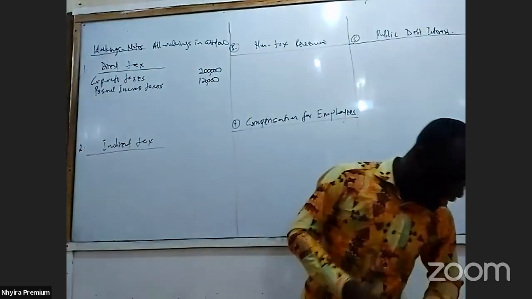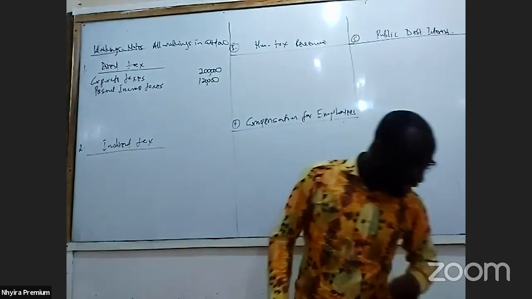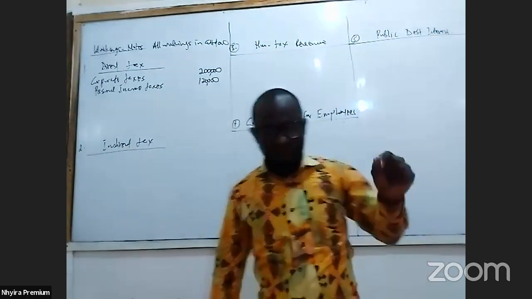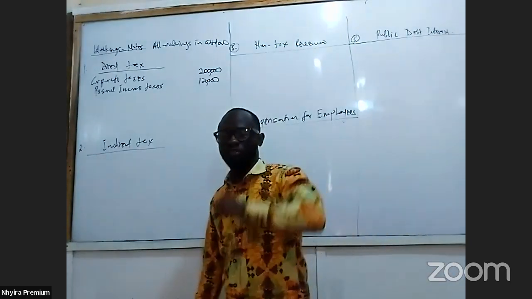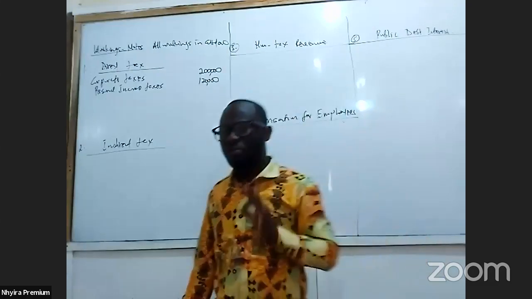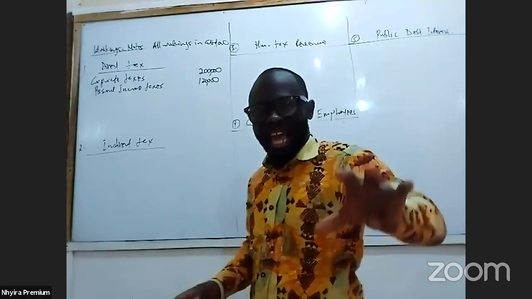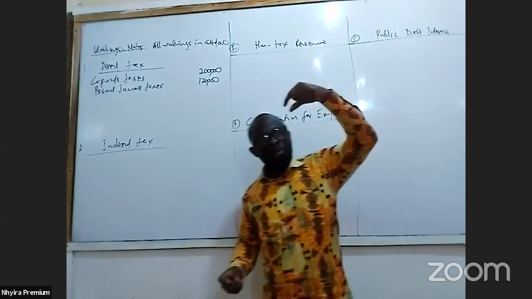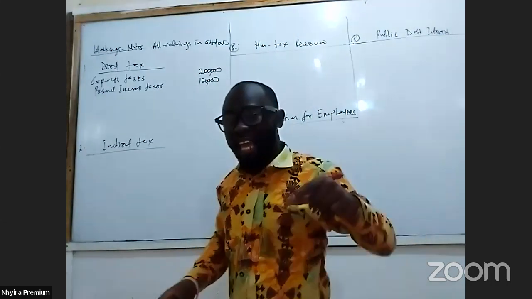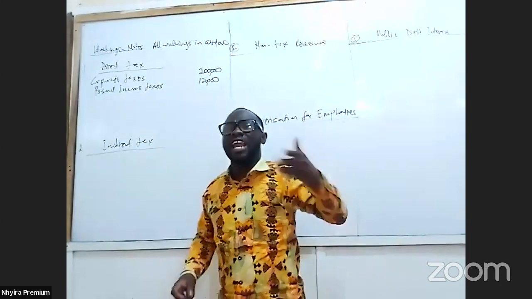Next item there is capital gain taxes and sundries. Now, what type of tax is capital gain tax? That is a direct tax, because it is a tax that is levied on what? The profit you make, the gain you make on the disposal of an asset.